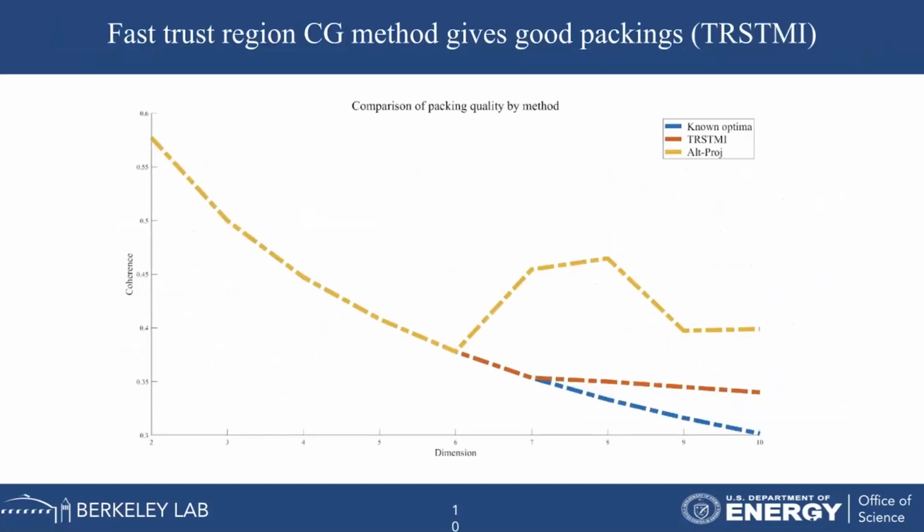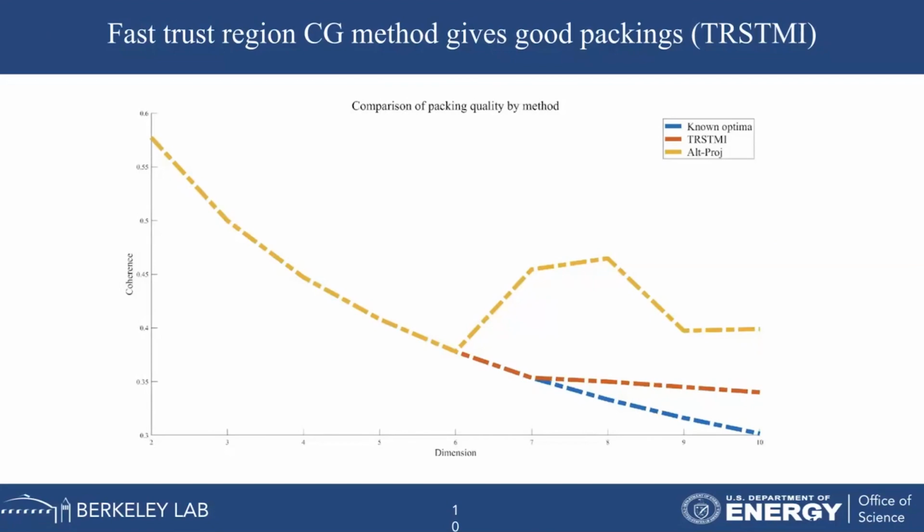So our method, we call it trust region stochastic tuning for matrix incoherence. It's Trust MI. What we find is that it performs well compared to competing methods for generating these packings, and the plot you see here shows that visually.